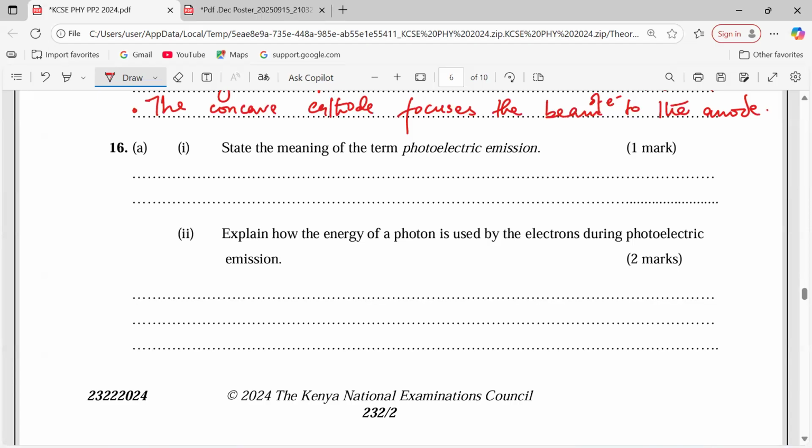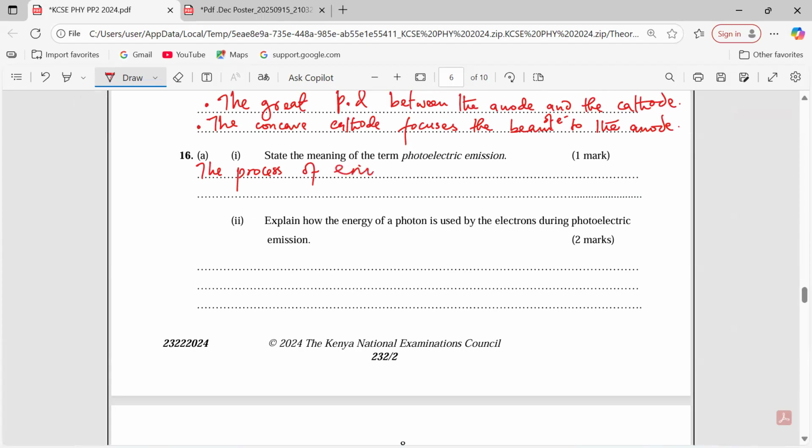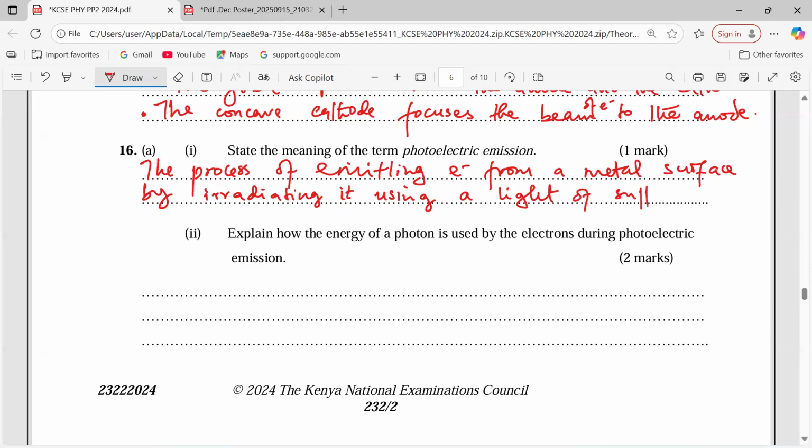And this is the process of emitting, or rather dislodging, electrons from a metal surface by irradiating it, or rather illuminating it, using a light, or rather a radiation of sufficient energy.